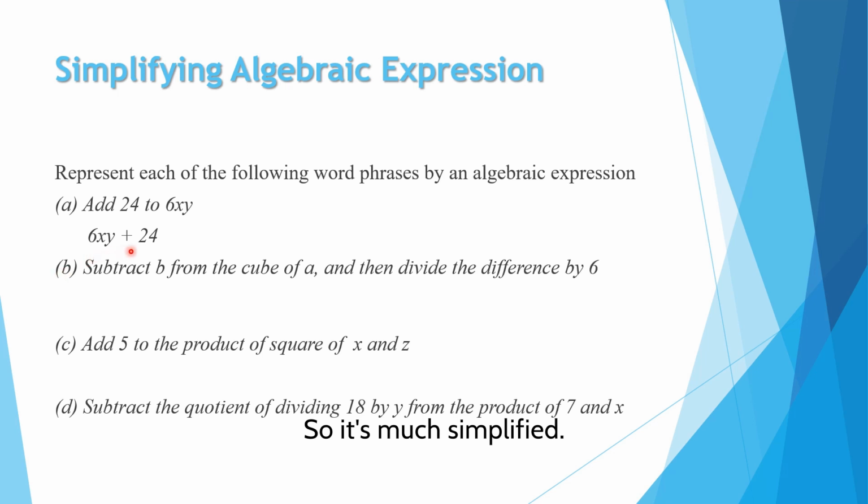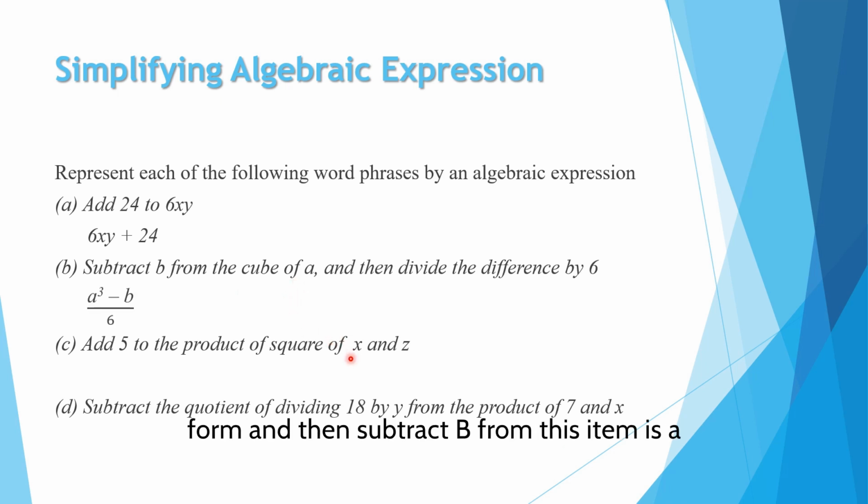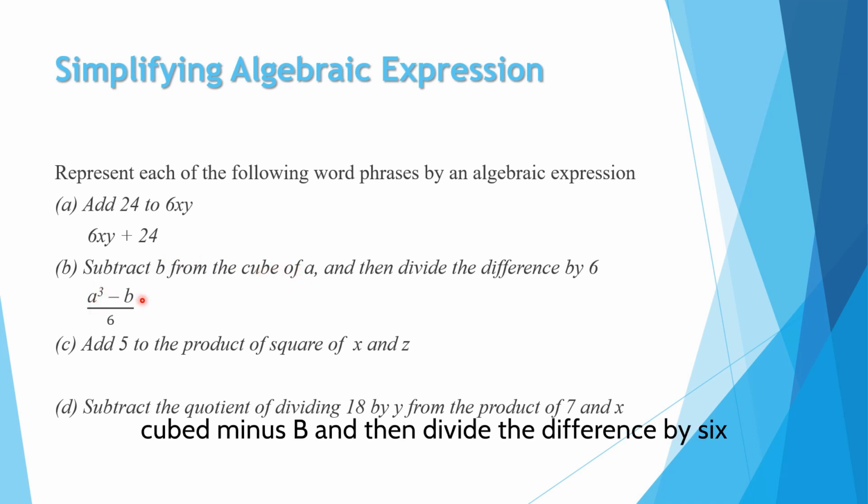So it's much simplified. For part B, subtract b from the cube of a and then divide the difference by 6. So actually cube of a can be represented by this form. And then subtract b from this item is a cubed minus b.